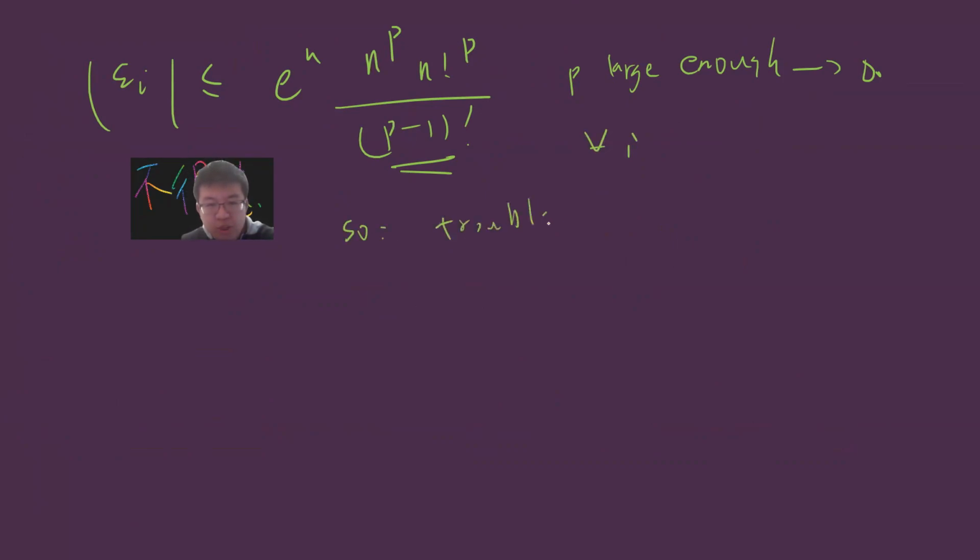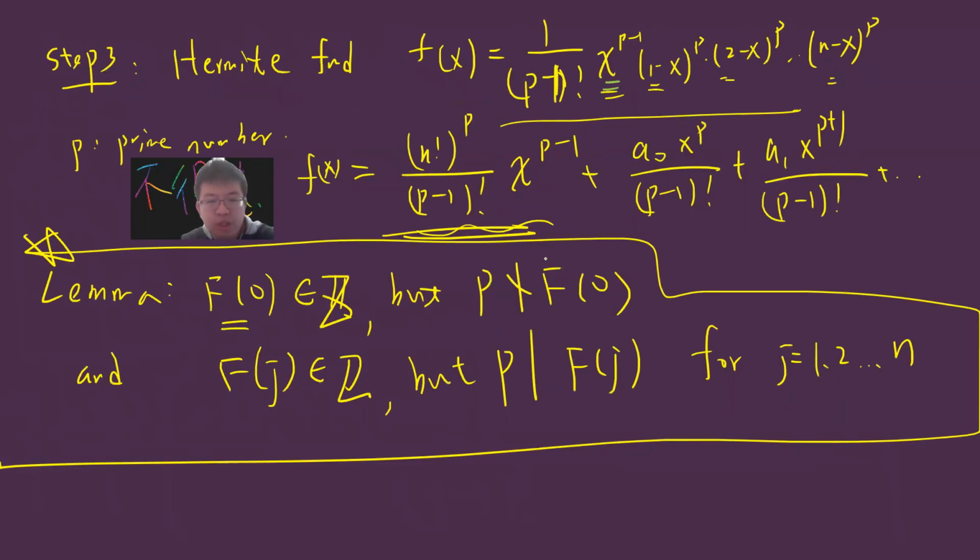So we have trouble, right? Because if p is large enough, then each epsilon i will be less than or equal to 0. But the problem is that I know that epsilon i will be an integer by our previous lemma.